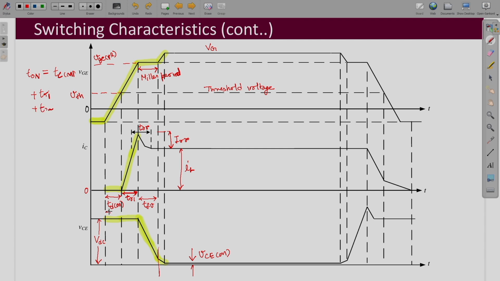The sum of all these three is T on. So we saw that this is similar to how the MOSFET turn on happens.